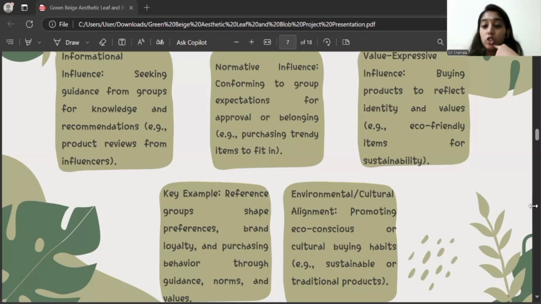Similarly, cultural groups often encourage purchases tied to tradition, such as wearing traditional clothing. This is stronger among those with higher education and higher income, who are more aware of sustainability and cultural values and adapt to this trend.